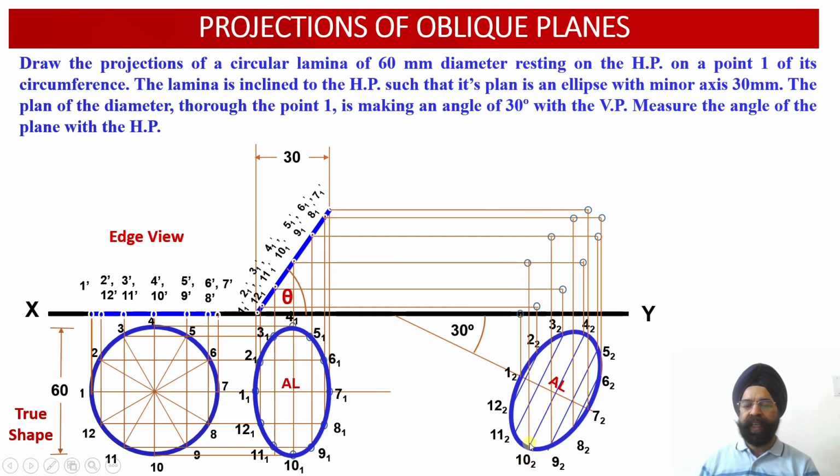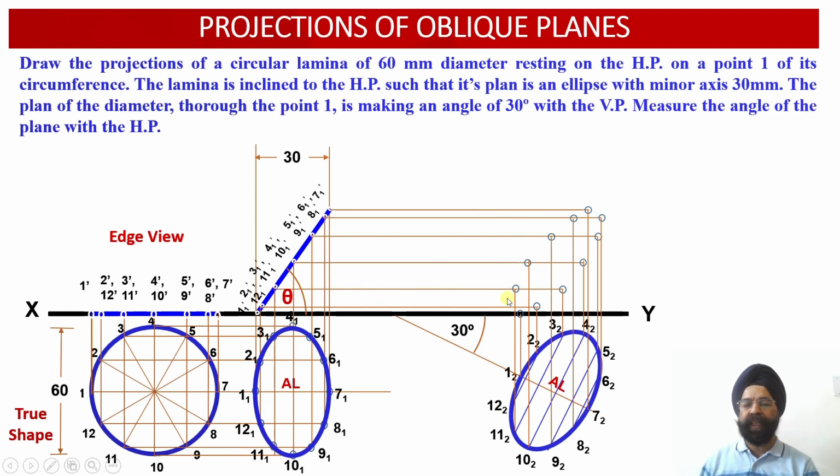Then this is point 10 2. From point 10 2 we have drawn a vertical projector upwards. This is the location of point 10 1 dash. So wherever it intersects with the horizontal projector drawn through the point 10 1 dash, we obtain the point 10 2 dash over here. And this is point 11 2. So we have drawn a vertical projector upwards from the point 11 2, and this is the point 11 1 dash. So from 11 1 dash we have drawn a horizontal projector.